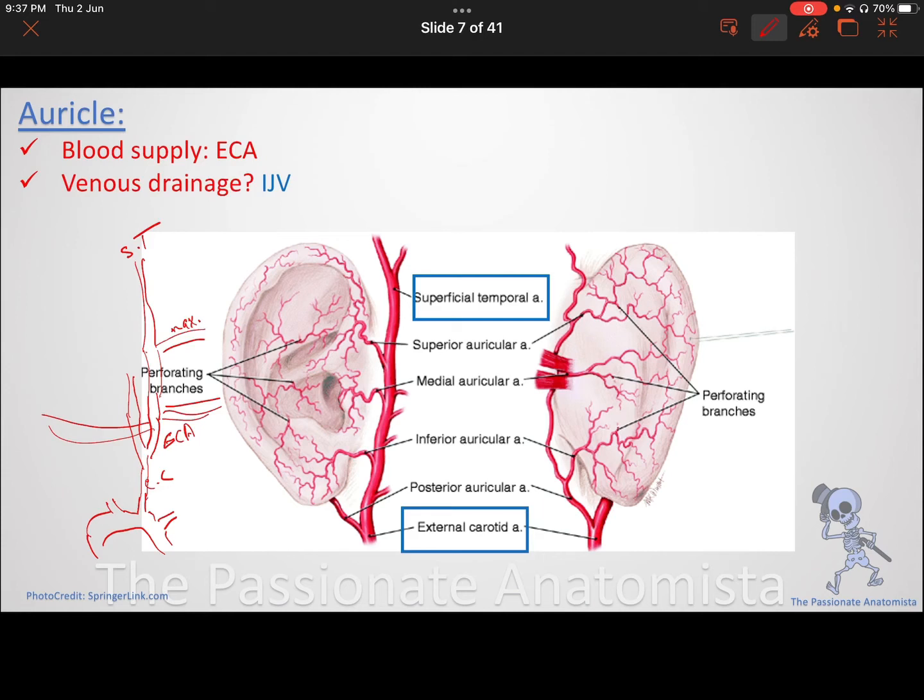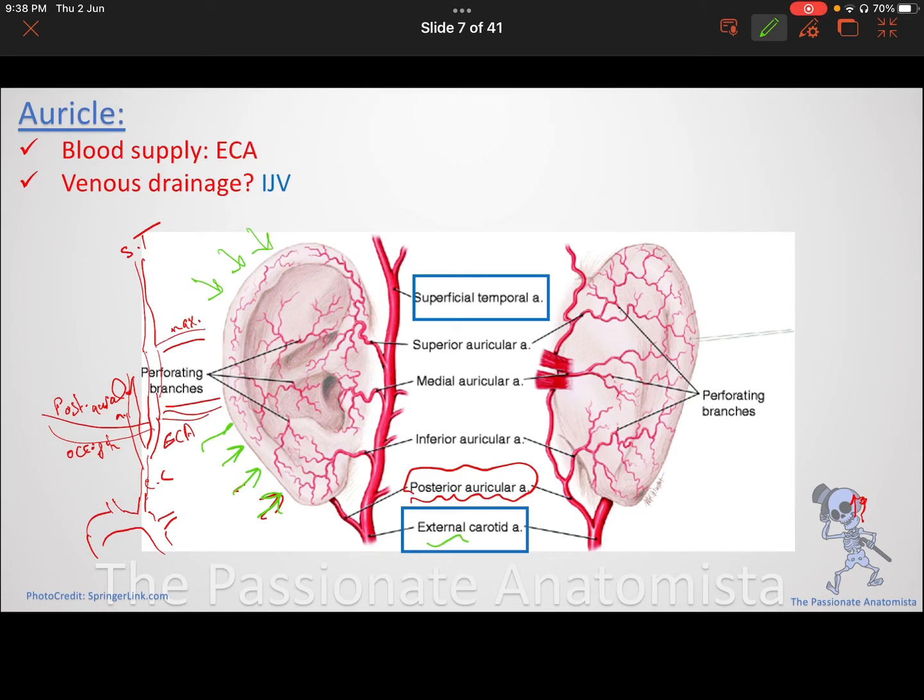I just want you to know that posteriorly we have an artery called the posterior auricular artery, and you have the occipital artery that takes care of everything in your skull posteriorly. So the posterior auricular is actually posterior to the auricle. It's going to be the artery that supplies the posterior part of your auricle. So this is actually a branch of the external carotid.